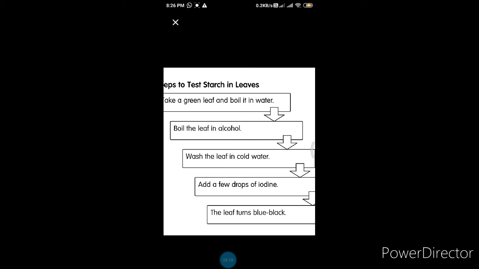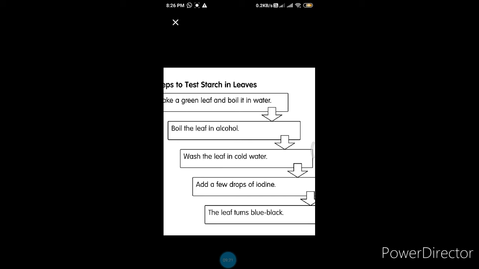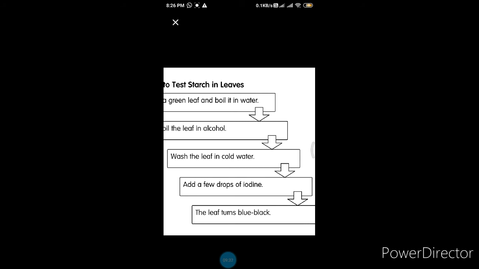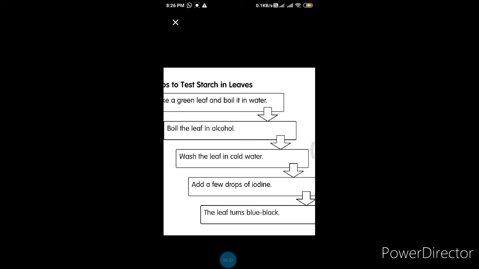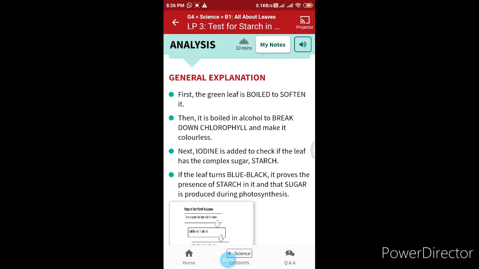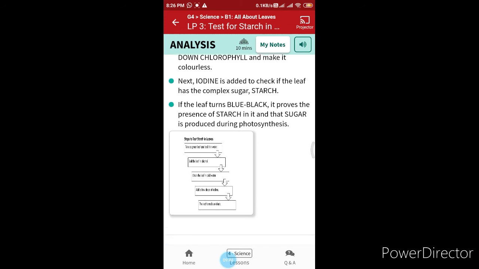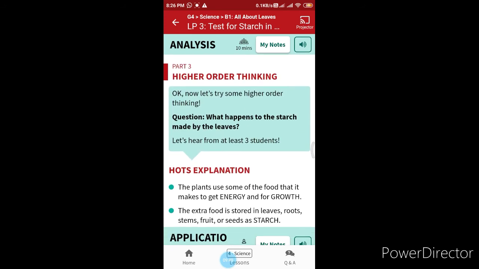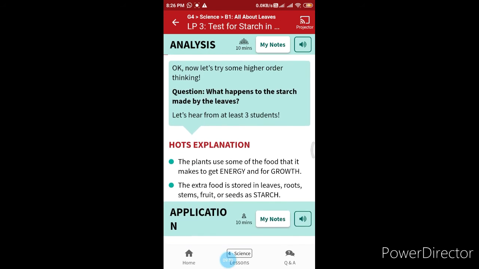Then you remove it from the alcohol using tongs and wash the leaf in cold water. Then you arrange it in a petri dish and add a few drops of iodine, and the leaf turns blue-black. This indicates that the leaf contains starch. Understood, children? This is called a flow chart to test starch in leaves. The presence of starch can be tested in that way.